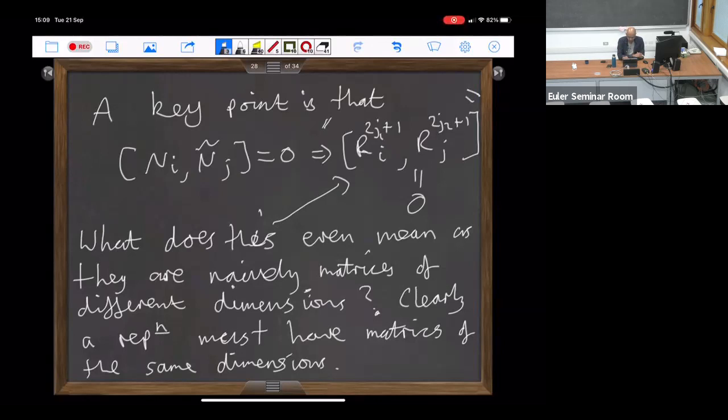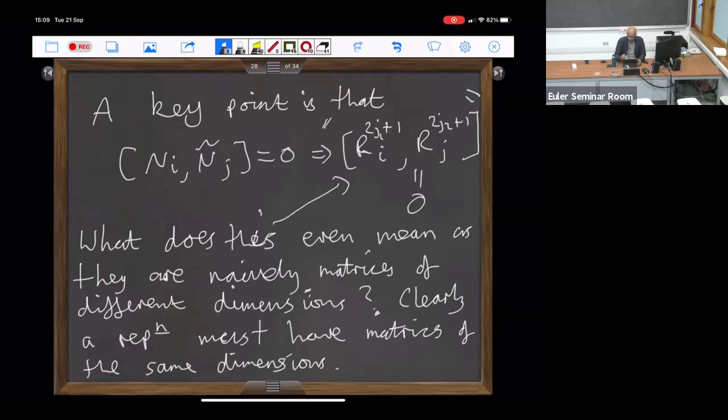So our task now is to give some meaning to this expression. A representation of the algebra of interest is a set of 6 n by n matrices, 3 which represent the n's, and 3 which represent the n tildes, and obey all of these relations.